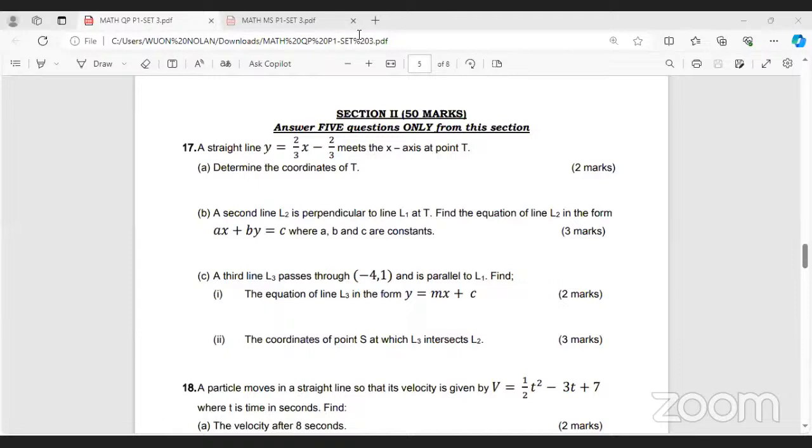Question C part 2 is asking us the coordinates of S, where L3 and L1 intersect. Who knows what they are asking?